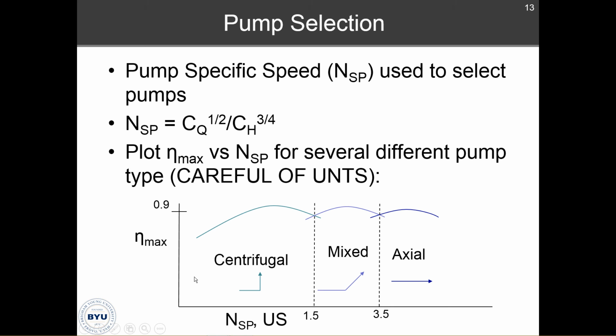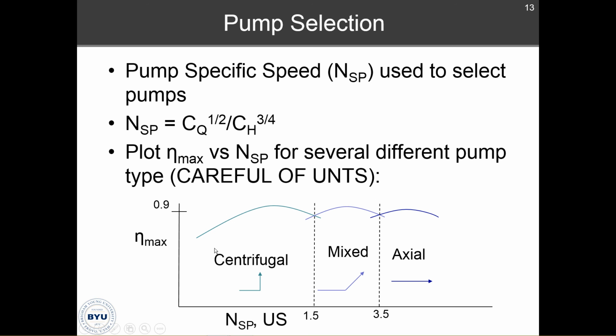You'd come down here to a well-known plot and find where your specific speed falls. The best choice for you would be a mixed flow pump, and the efficiency would run at around 89%, as you can see right here. So what do these mean? Well, I drew in the arrows so you can kind of see.